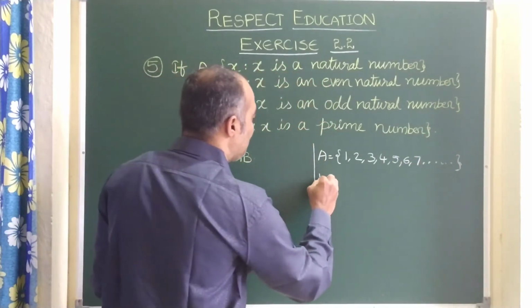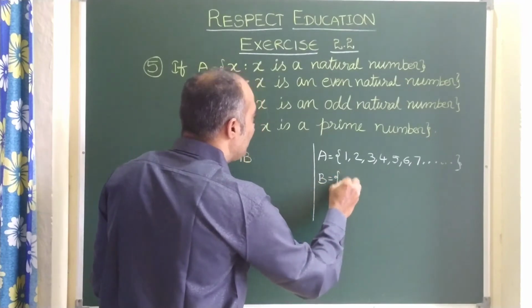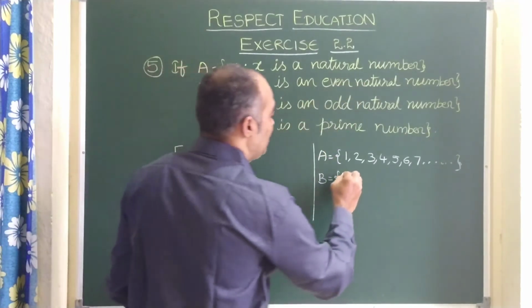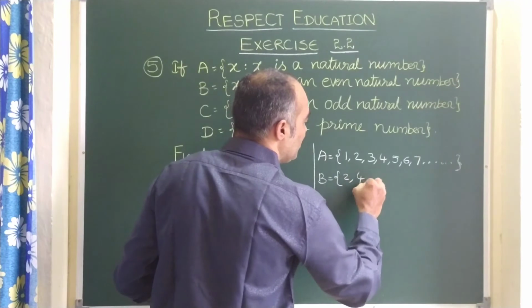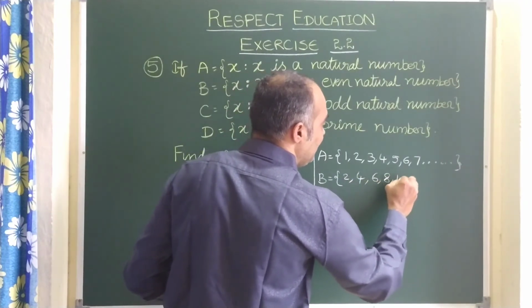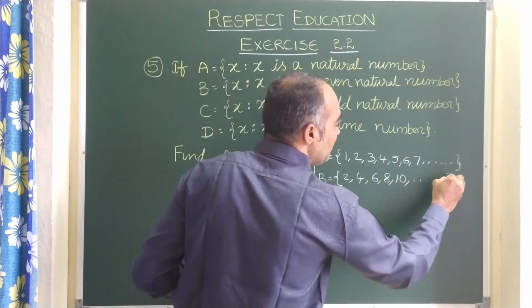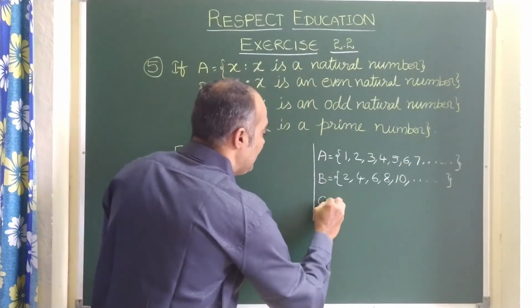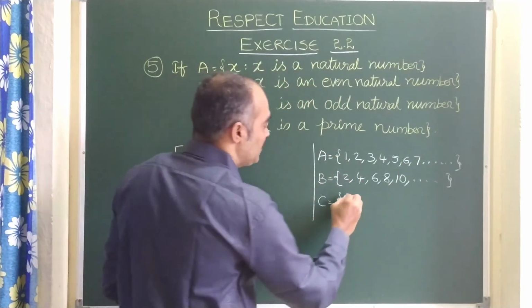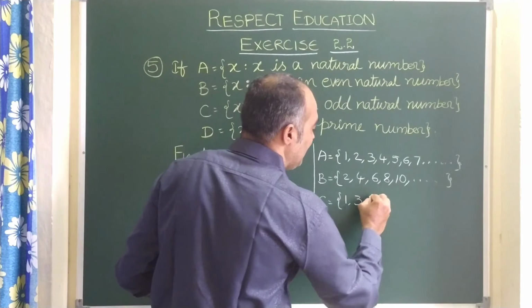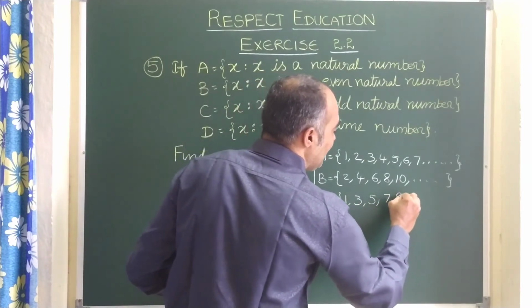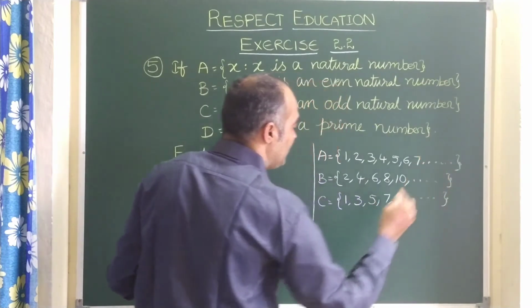And here set B, even natural numbers, means 2, 4, 6, 8, 10, and so on. C, odd natural numbers, 1, 3, 5, 7, 9, and so on.